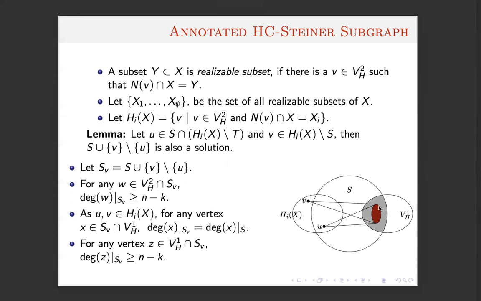Again, for any other vertex inside this gray part, that is V1H intersection S_V, they have degree n minus k, because by including V and excluding U, we're not changing the degree of any other vertices.